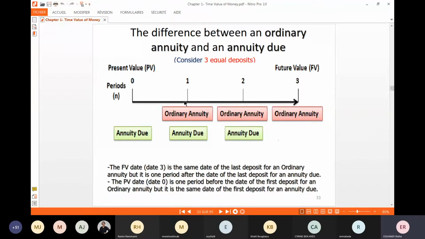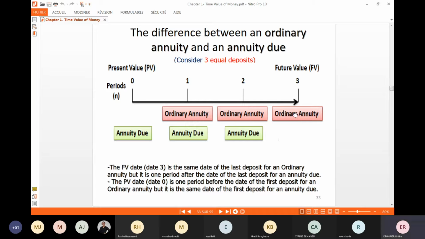An annuity is an ordinary annuity when the first amount to be paid or received will occur one period from now, not today. In this case, the present value date is one period before the first amount to be deposited or received, and the future value date coincides with the date of the last amount to be paid or received.